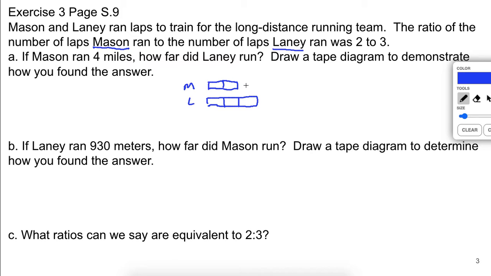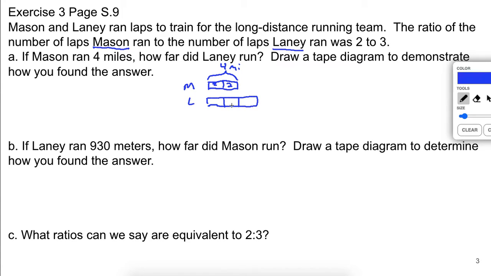So then we go on. We've represented the ratio with a tape diagram. So if Mason ran 4 miles, how far did Laney run? We know that this chunk right here, because that's what Mason did, represents 4 miles. So since it took 2 chunks of that to make that, we know each one of these is 2.